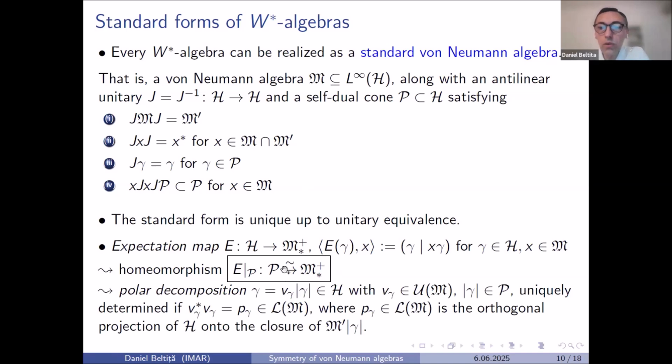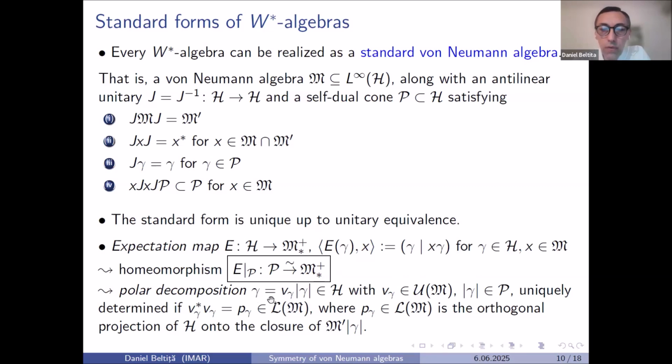And with this homomorphism, we obtain a kind of polar decomposition of vectors. Haagerup obtained, namely, that for every vector in the Hilbert space there exists a positive vector, in the sense of a vector in the positive cone, and a partial isometry that takes that positive vector to our vector.